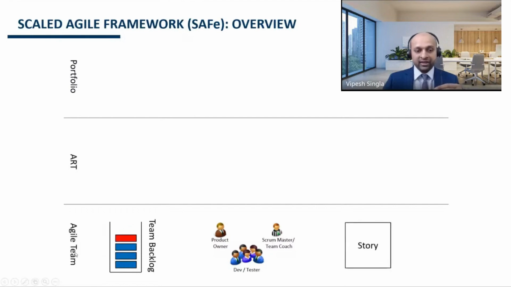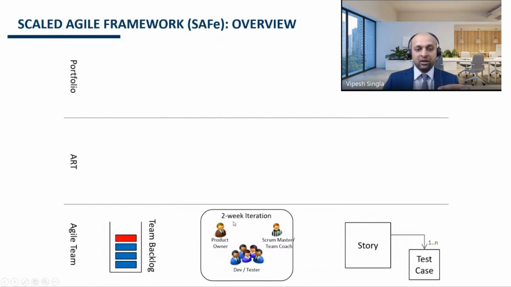At agile team level, we capture the requirements or customer needs in the form of user stories, and each user story can have 1 to n test cases associated with it. The agile team works within a 2 week iteration. An iteration is nothing but a 2 week time interval in which the agile team defines user stories, does the design required for delivering them, develops them, tests them, and then releases them.